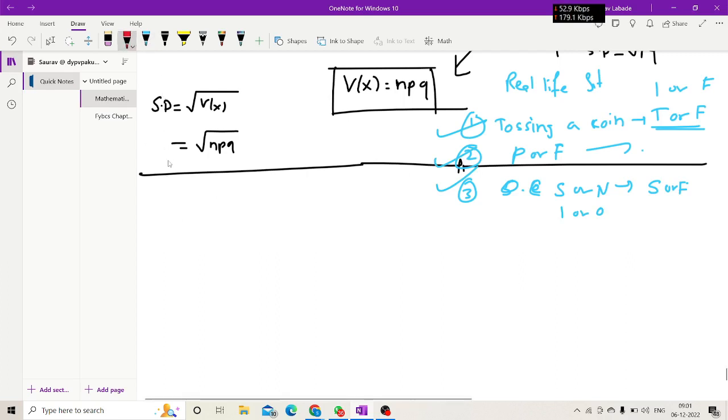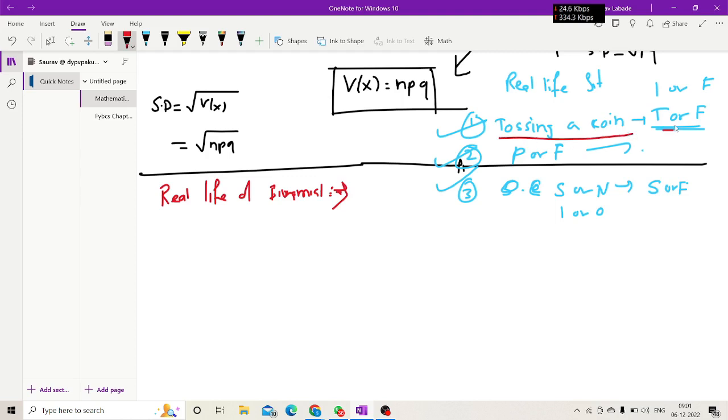Now let's consider the real life situations of the binomial distribution. Same as this, but what happens here when I consider n? Now here I am tossing the coin. Suppose I am tossing a coin 5 times, so that will be my binomial distribution.